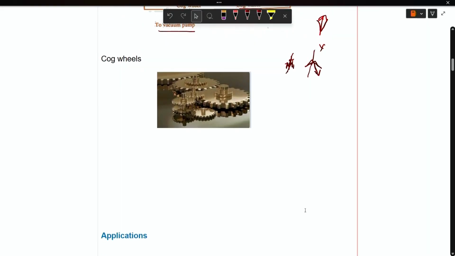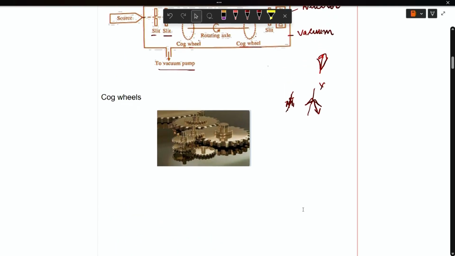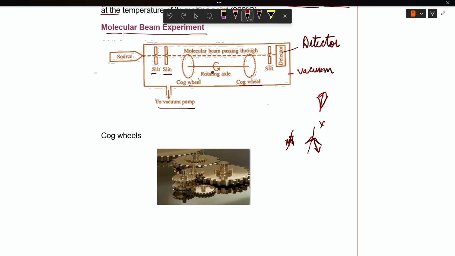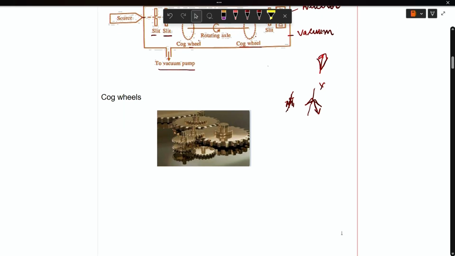Hope I have made it clear. Now, from what is observed in the detector plus the rotation speed of the cog wheel, taking all these into consideration, you can find out the molecular velocities.